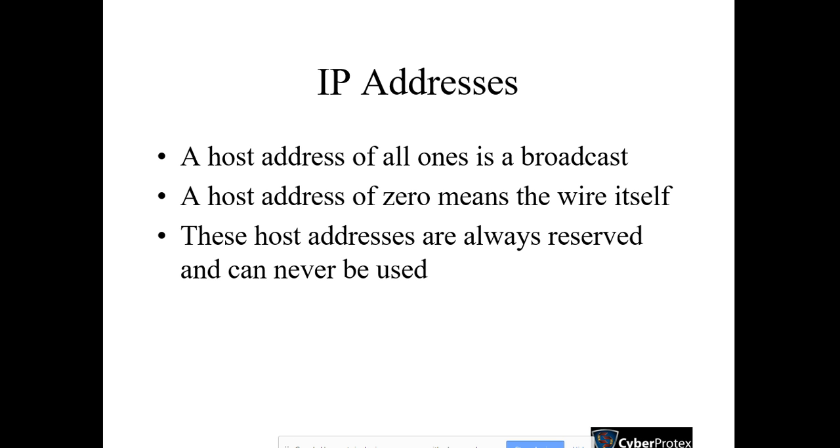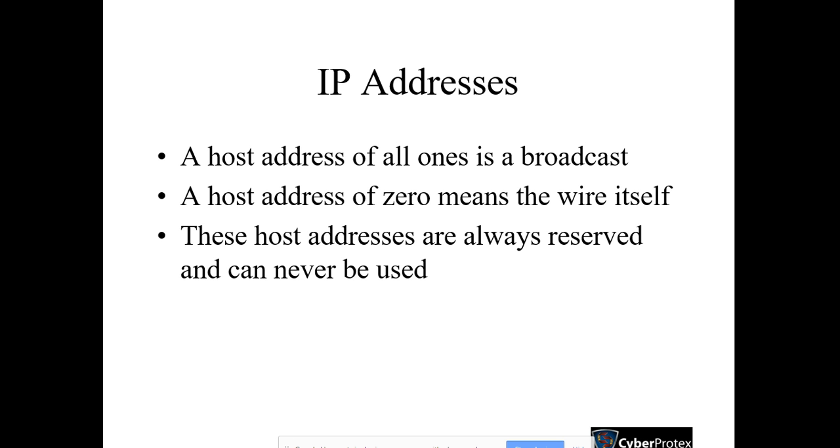That would be a host address of all ones. So in the binary, the last octet would be all ones. It would equal 255, and that's a broadcast. Essentially, a broadcast means that it's going to send out an all points bulletin to anybody who's on the network to try to get a reply for something.